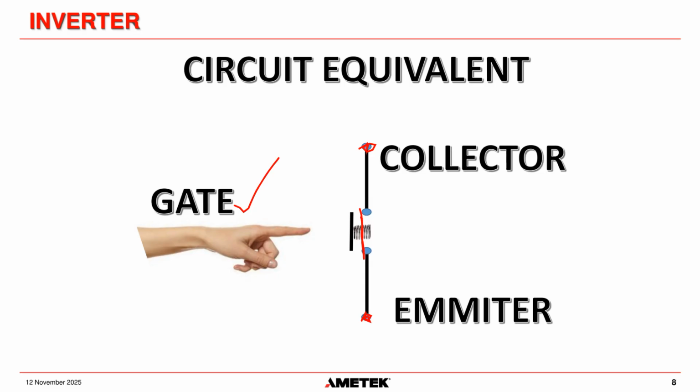It really is as simple as thinking of it as a momentary switch. Then if you remove the gate signal, the spring pushes the switch back into the off position, and the collector and the emitter are no longer connected together.